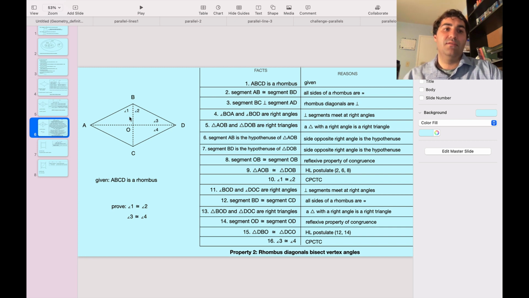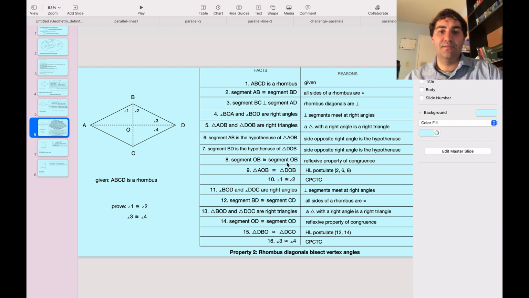Remember, the hypotenuse is the side opposite the right angle inside a right triangle. So segment AB is going to be the hypotenuse for triangle AOB, and segment BD is going to be the hypotenuse for right triangle DOB.